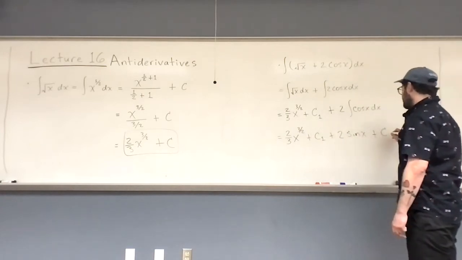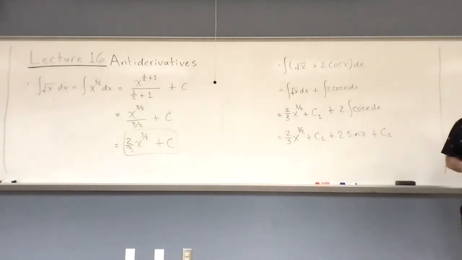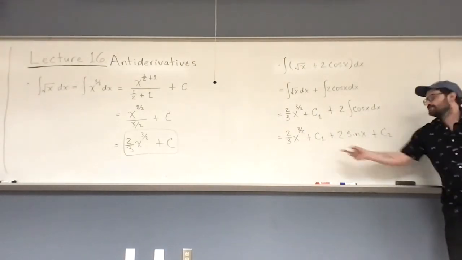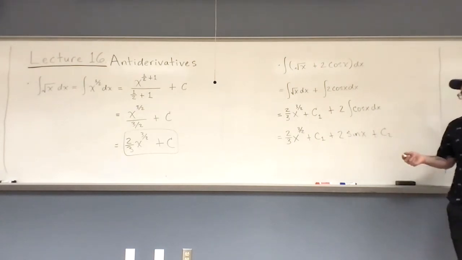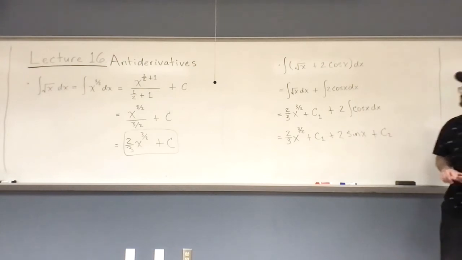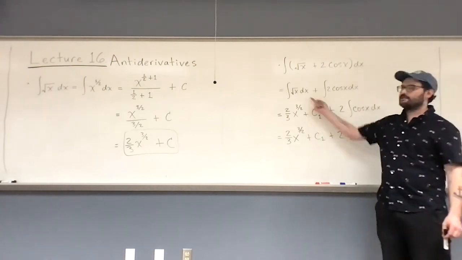And then I'll call it C2. But really, when you're doing this, that's a constant, adding them together is a constant, right? So rarely will you see me write out the constants with each piece.